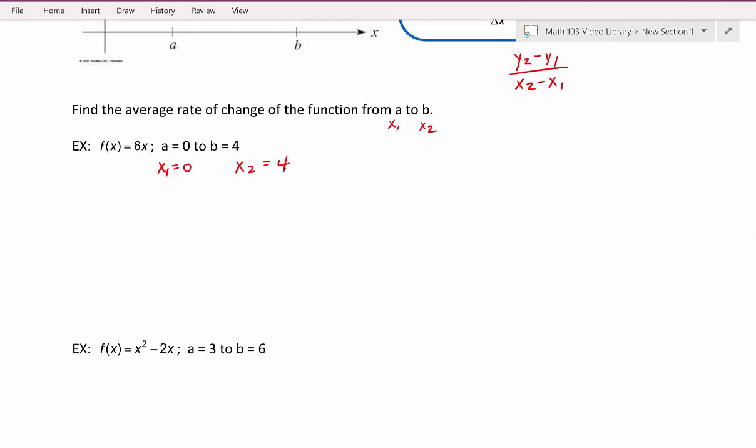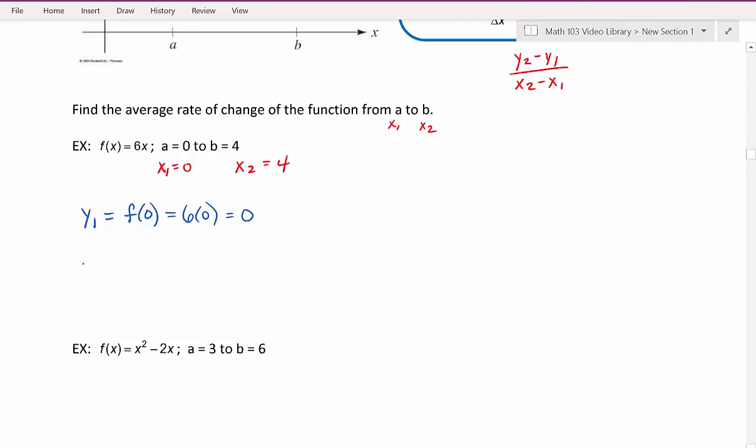And the way that we do that is by simply plugging the x values into the given function. So I'm going to label it this way. y1 is going to be f of 0. So that's going to be 6 times 0, which is 0.